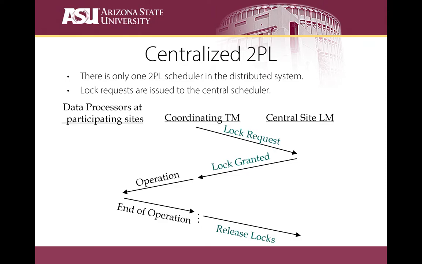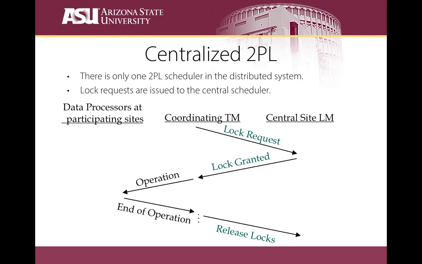So this is a lock request: you send a request to the lock manager, which is centralized in this case. And the lock manager, let's assume, found out that there's no problem, based on the table that it has, this lock can be granted. So what is it going to do? Grant the lock.